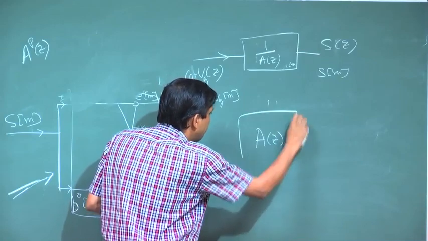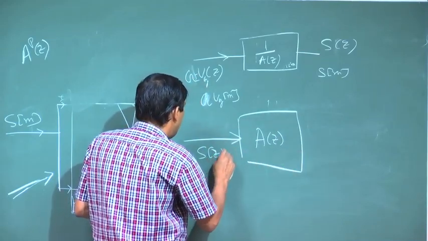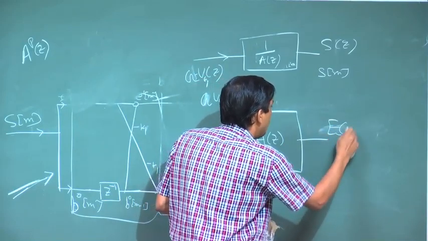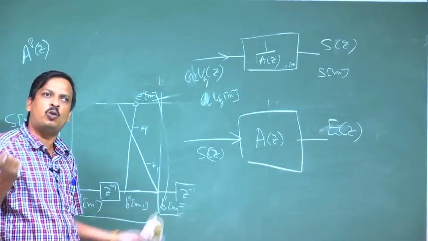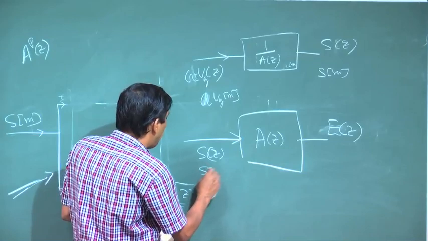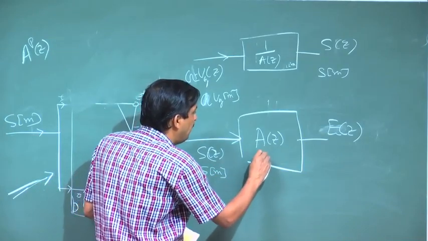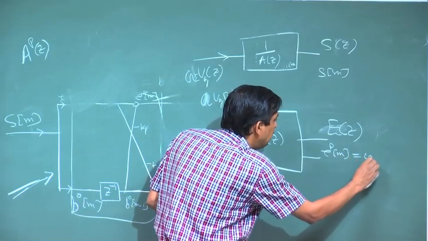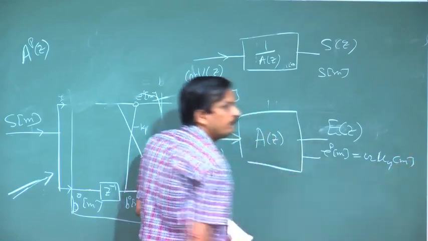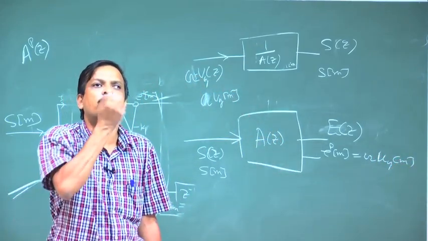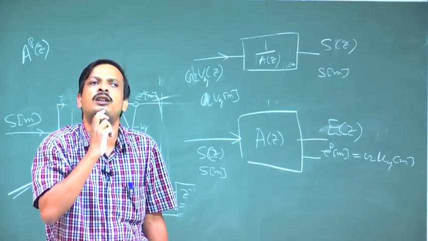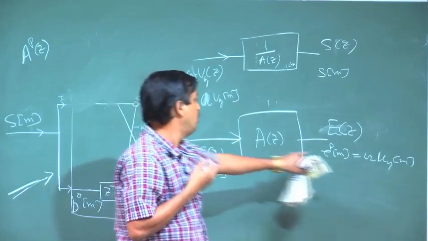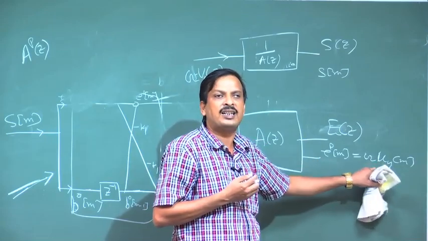If I implement A(z) and apply S(z), I get the error E(z), the forward or backward prediction error; at the pth stage both will be the same. In the time domain, if I apply s(n) and implement A(z), I get EPm, which is nothing but G into u(n). The output speech is the excitation into the transfer function, so if I remove the transfer function, only the glottal excitation remains. The error function is nothing but the gain into the glottal excitation.